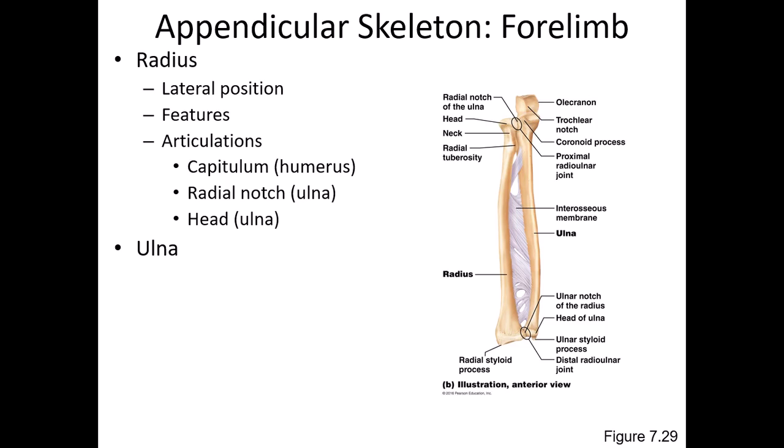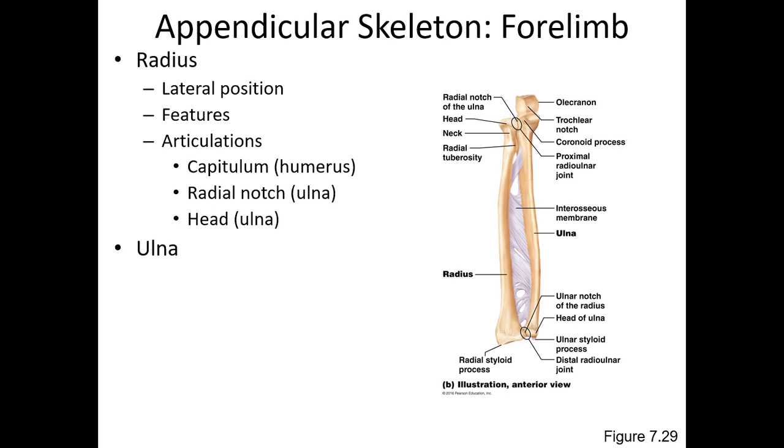Okay, the ulna is the medial bone of the forearm. It has a hook, which if you hold the hook sideways, kind of looks like the letter U. So the ulna is the one that looks like a U. That's the proximal end. The indentation of the hook is called the trochlear notch, the inferior pointy part the coronoid process, and then the big kind of bulky part that you think of as your elbow bone, that's the olecranon.